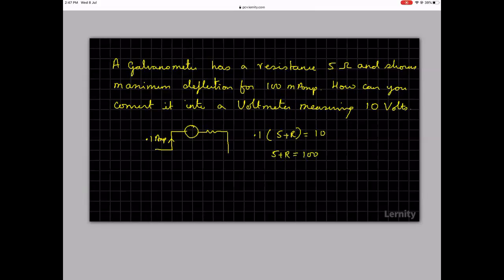So R is equal to 95 ohms. So if you connect 95 ohms to it, it can be used as a voltmeter to measure 10 volts. Okay, so this is the actual circuit. This is how it is formed. So it is 95 ohms.